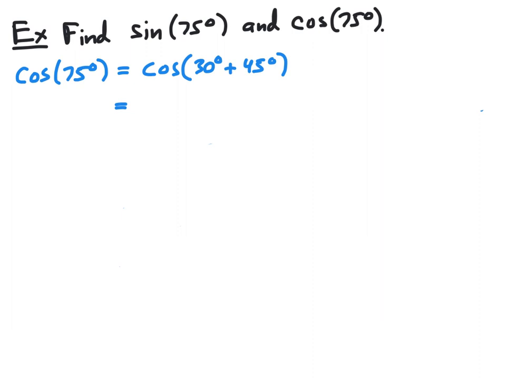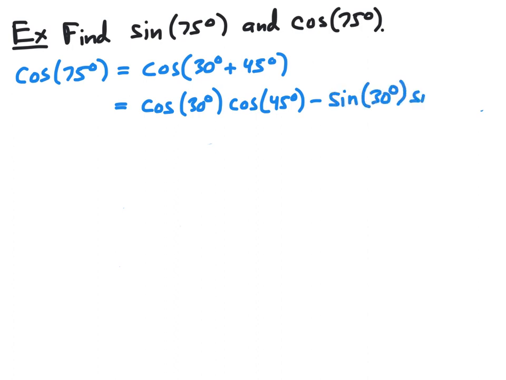In order to use the cosine sum identity, we take the cosine of our first angle, 30 degrees, multiplied by cosine of our second angle, 45 degrees. And the sum formula for cosine involves a subtraction, and we subtract the product of the sines of the two angles. So sine 30 degrees and sine of 45 degrees.